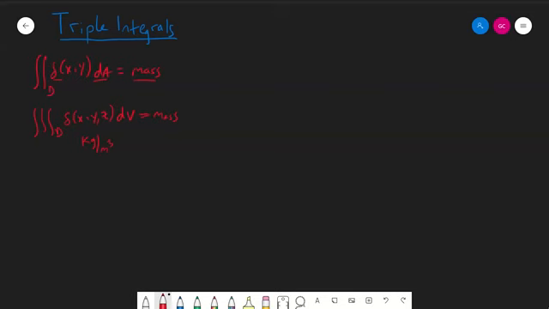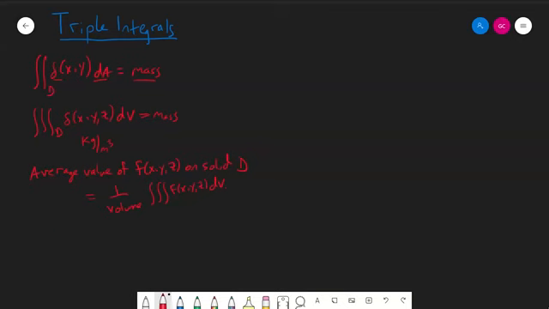You might also want to find the average value of a three-dimensional function. Say you have a function f of x, y, z. Well, then the average value of that three-variable function on the solid region D is going to be 1 divided by the volume of that region D times the triple integral of f of x, y, z dV.